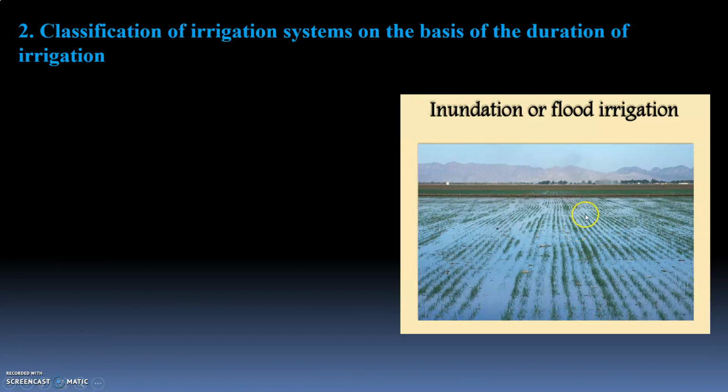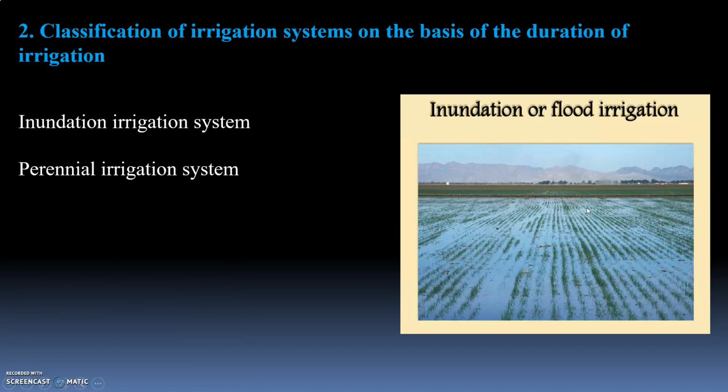Next, the second category is classification of irrigation systems on the basis of the duration of the irrigation. Here again there are two types: inundation irrigation system and perennial irrigation system.